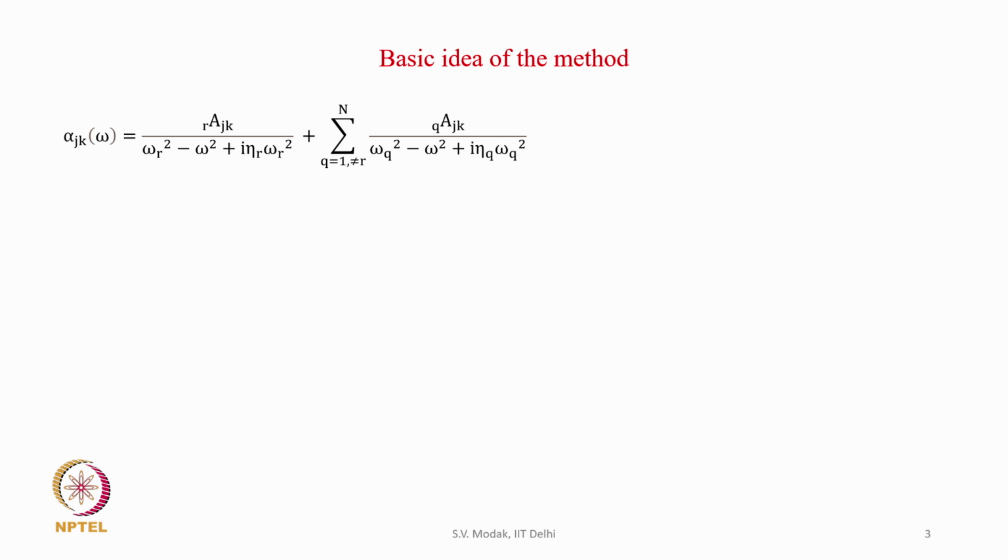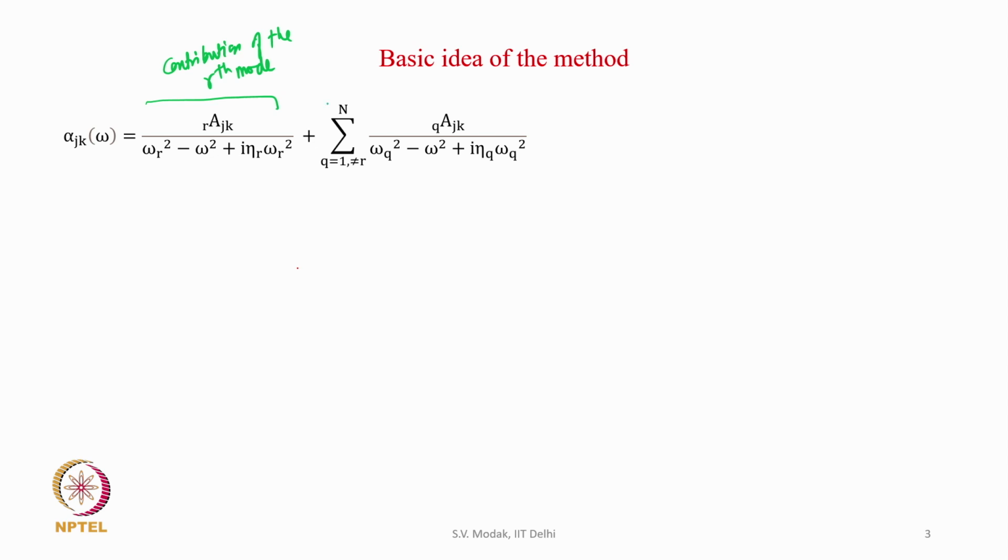For a multi degree of freedom system with structural damping, the FRF is contributed by n number of modes, if the system is of n degree of freedom, and if we focus our attention on, let us say, the rth mode, then we can segregate the contribution of the rth mode as indicated by the first term. So, this first term indicates the contribution of the rth mode. And the second term indicates contribution of all the rest of the modes, other than the rth mode.